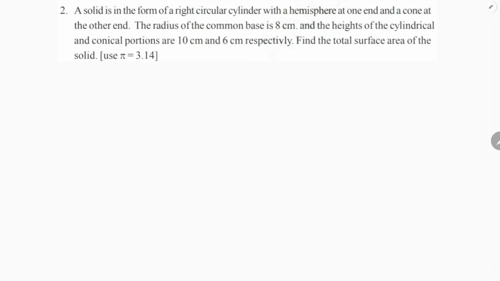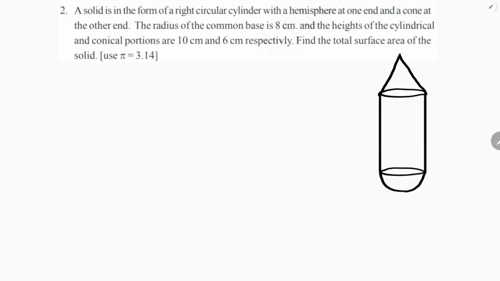So here, we have a cylinder, I'll draw here. Cylinder with hemisphere at one end and cone at the other end.